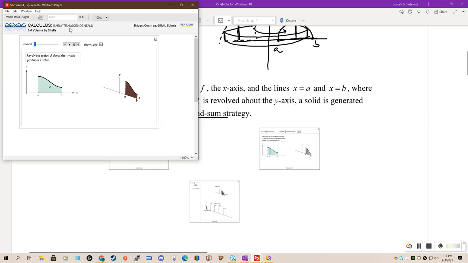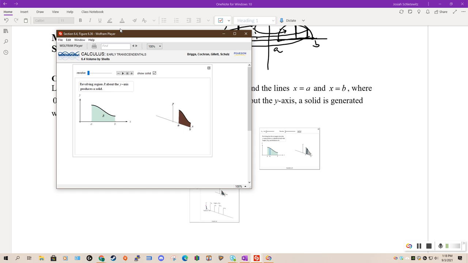All right, let's take a look at some pictures here. We're taking some function and revolving it about an axis that maybe you wouldn't expect. We've got our x values here determining a and b, but we're still revolving about the y-axis. When we revolve it, by its nature, we'll have a hole in it, and we end up with something like this.